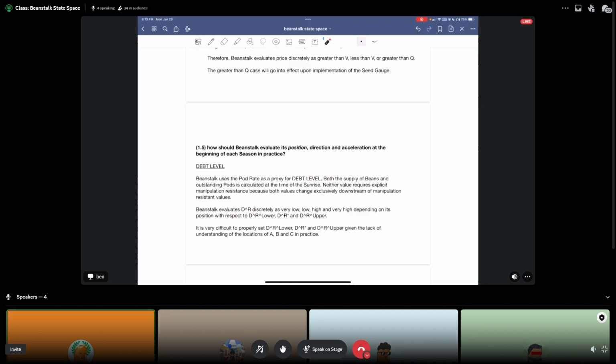So Beanstalk evaluates the debt level, and it classifies it as very low, low, high, or very high, depending on its reference to these 3 points: DR lower, DR star, and DR upper. The tricky part, as we were discussing, is that we have no idea where A, B, and C are in practice, and so setting DR lower, DR star, and DR upper is very much more art than science.